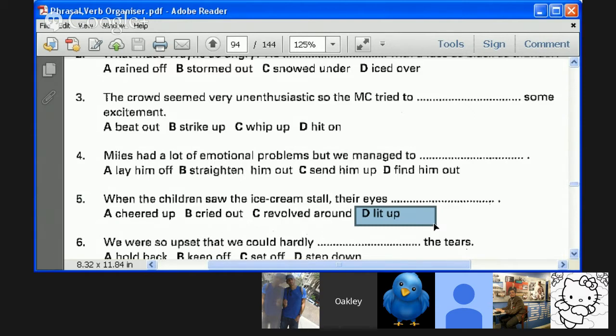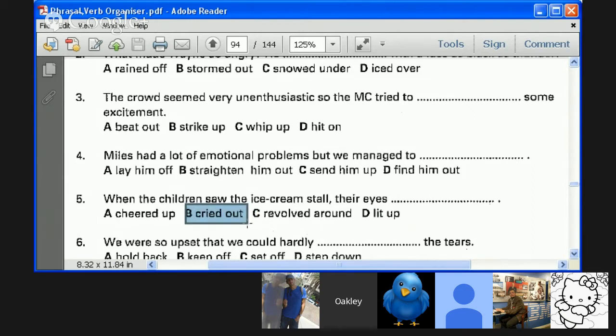So, okay, during the Christmas time, they light up the streets. All right, they add a lot of extra. It's really bright. Everything's bright completely. Cheer up, same thing. Make happy completely. Cried out. Okay, well, obviously their eyes cried out. Here, cried out means to shout.